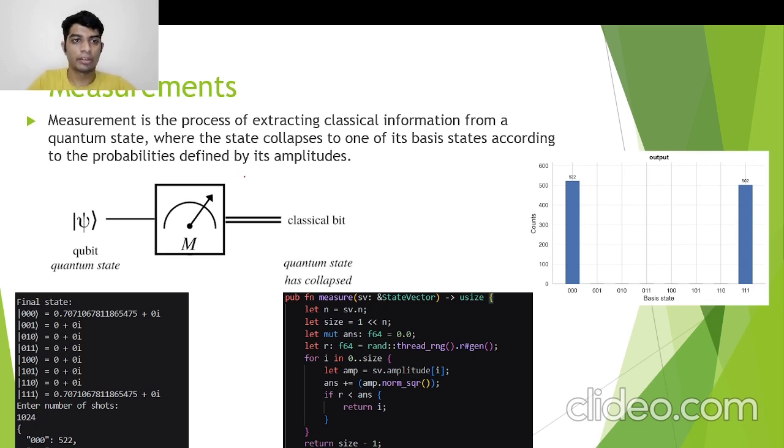Finally, measurement. After creating the final output, we measure each state individually. Traditionally, measurement is done in 1024 shots. That is, 1024 times a measurement is done to see how many times each state vector appears.